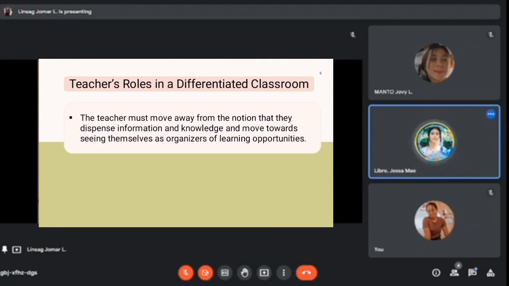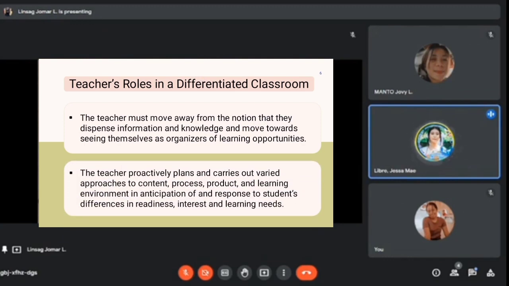The teacher must move away from the notion that they dispense information and knowledge and move towards seeing themselves as organizers of learning opportunities. The teacher proactively plans and carries out varied approaches to content, process, product, and learning environment in anticipation of and response to students' differences in readiness, interest, and learning needs.